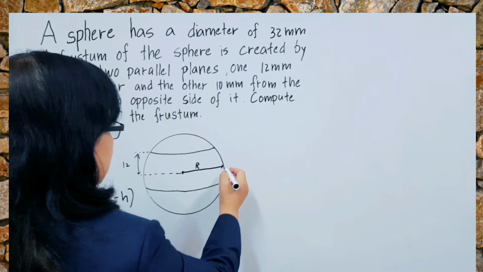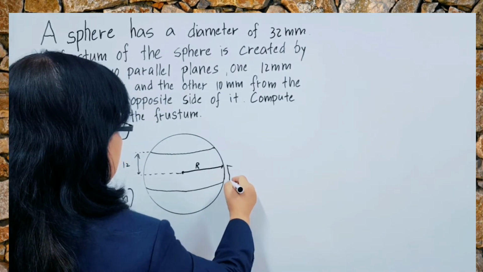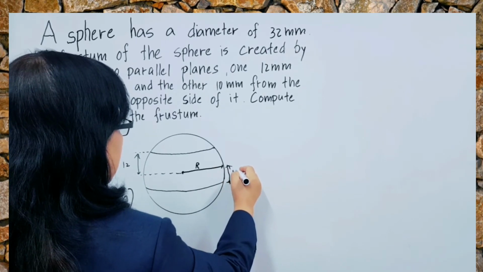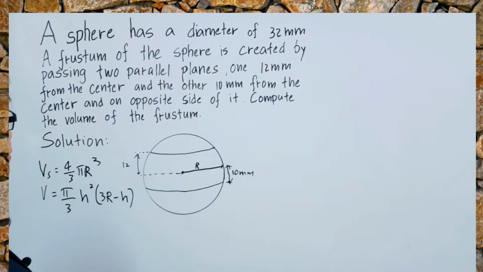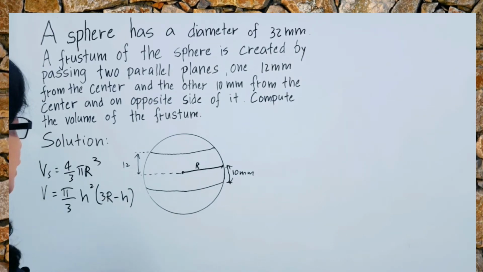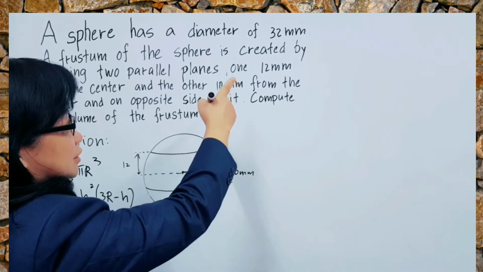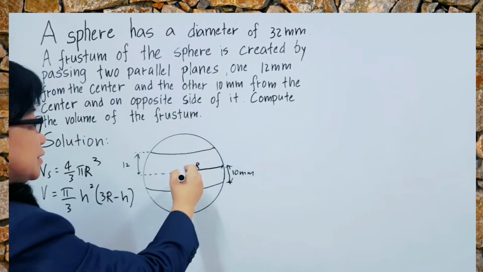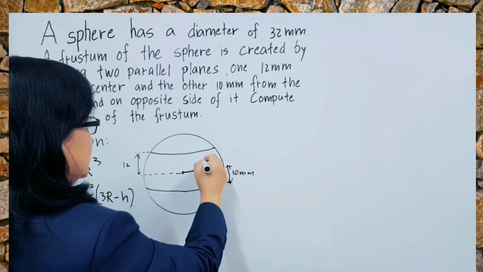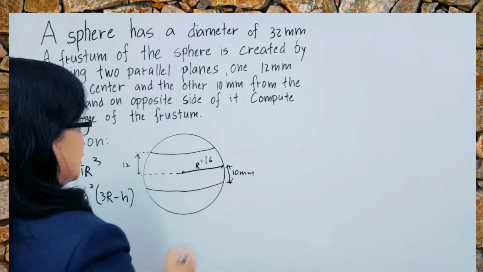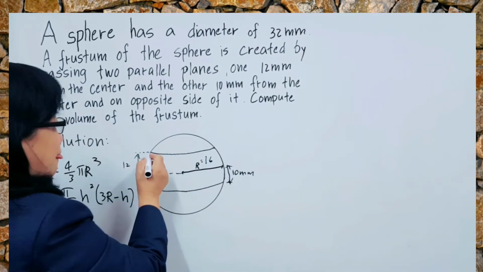And the other one, from here to here, is 10 mm. And the radius, of course, because the diameter is 32 mm, the radius is half of the diameter, so this is equal to 16 mm.